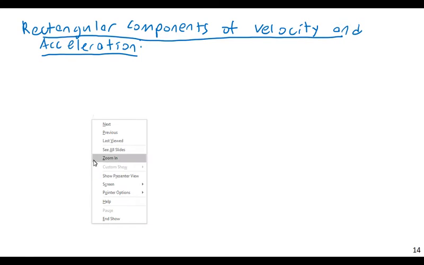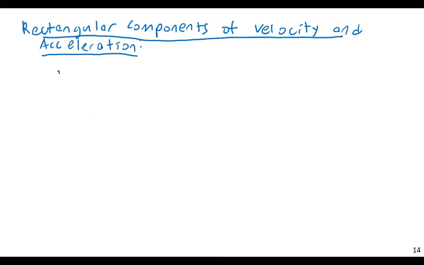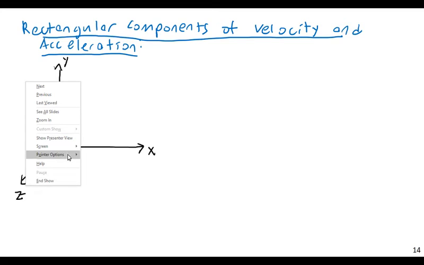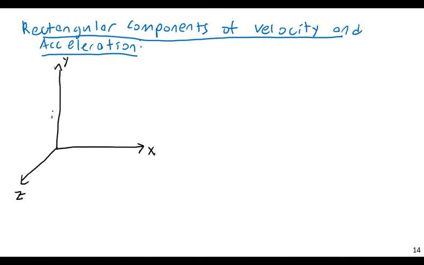Okay, so let's look here, and let us create an x, y, and z axis. X, y, and z. And then along here, I will have unit vectors i, j, and k.